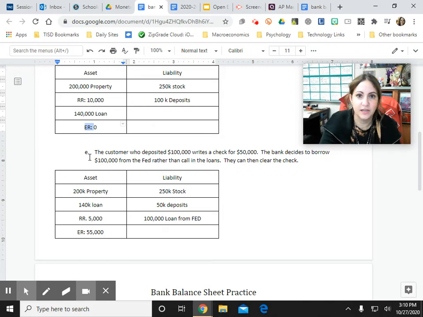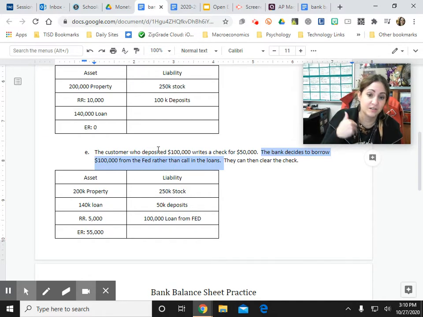Usually if you were to withdraw money from the bank, that's where they would get it from. They would get it from the vault, but there isn't any. We just loaned it all out. So to cover this check, the bank decides to borrow $100,000 from the Fed. We ran out of money. Let's get one of those brinks trucks to swing on by and bring us some money. And that's a loan from the Fed.